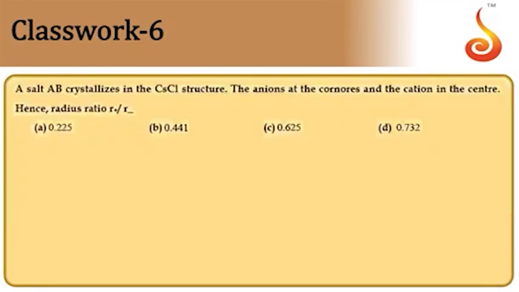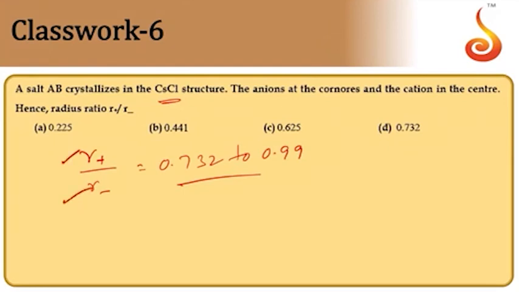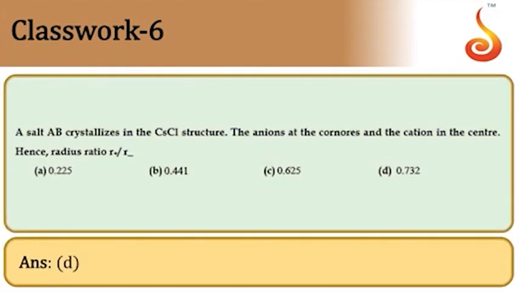And for a body-centered cubic structure, the radius ratio of cation to anion ranges from 0.732 to 0.99. So that is AB, which stands for body-centered cubic structure. And for a body-centered cubic structure, the radius ratio of cation to anion is this value. So the answer is option D. So the sixth one, option D.